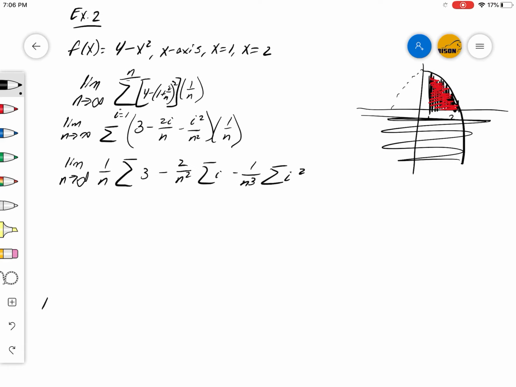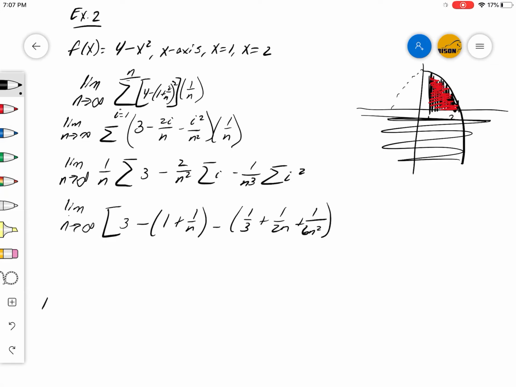Doing out my summation formulas, still doing the limit, the first part will give me a 3. I've got minus 1 plus 1 over n, and then minus 1/3 plus 1 over 2n plus 1 over 6n squared. Now let's take the limit.